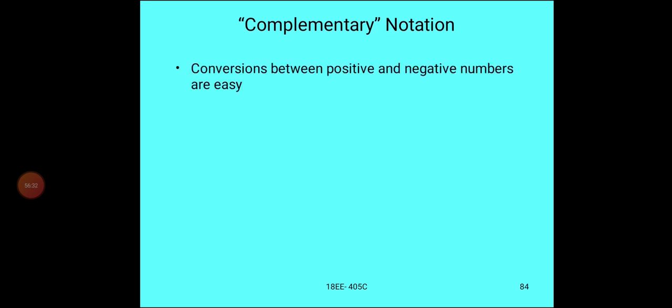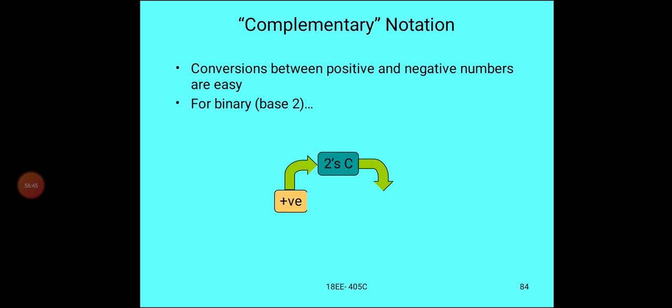Complementary notation. Conversion between positive and negative numbers is easy. For binary, base 2 or radix 2, taking the 2's complement of a positive number will get the negative, and taking the 2's complement of a negative number will get the positive. Example: plus 5 is written as 000101.